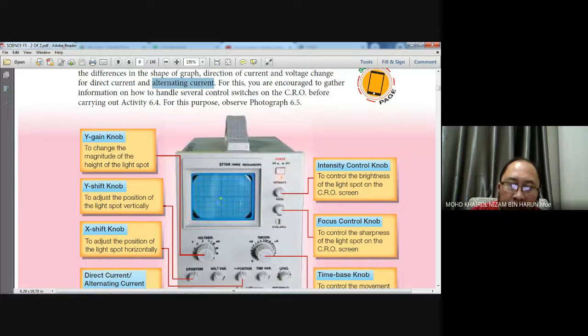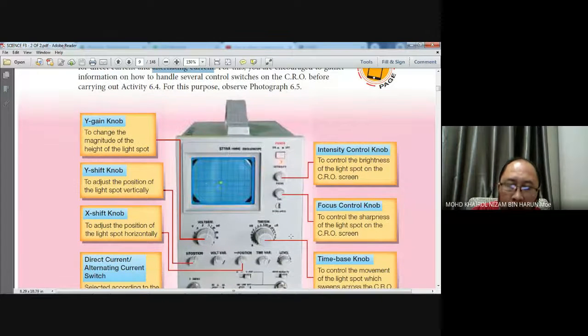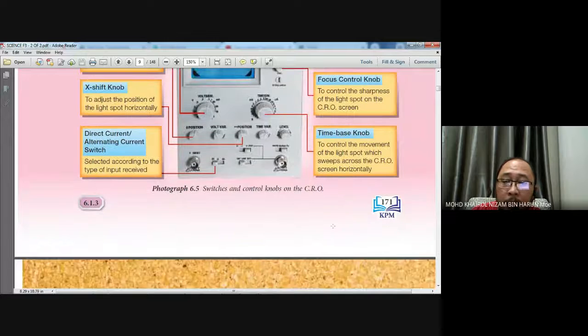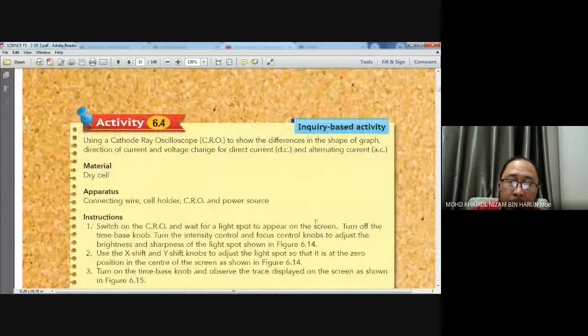So by using this instrument, we know the characteristic of direct current and also alternating current.